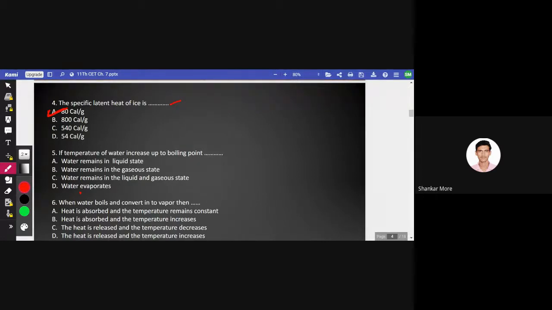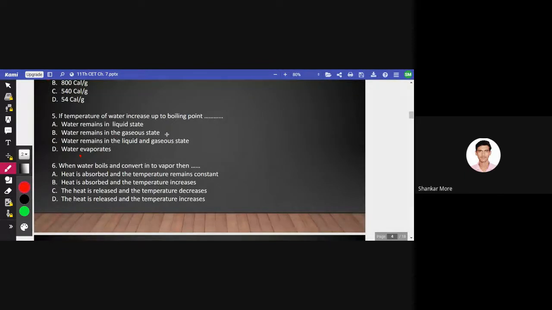Option C is correct, right? Water remains in the liquid and gaseous state. Yeah, it also depends on the volume. So option C is correct.